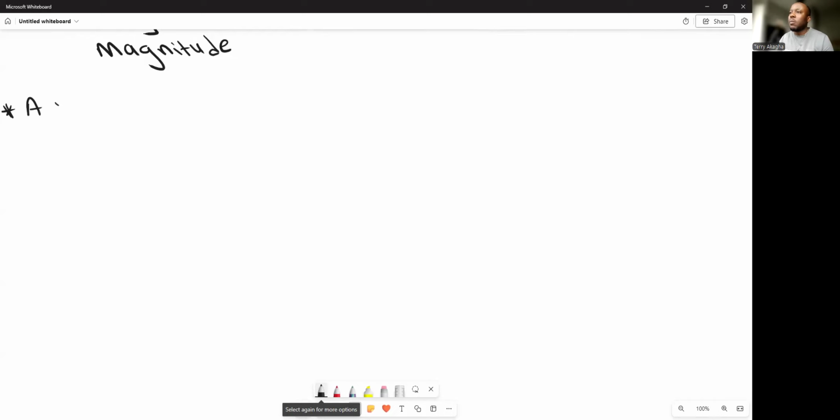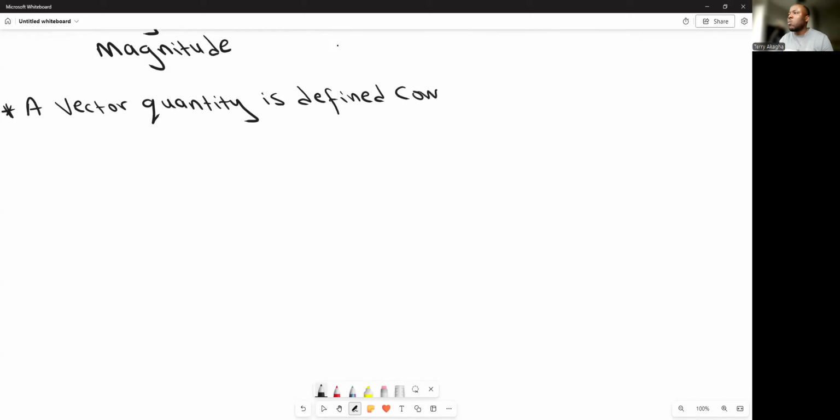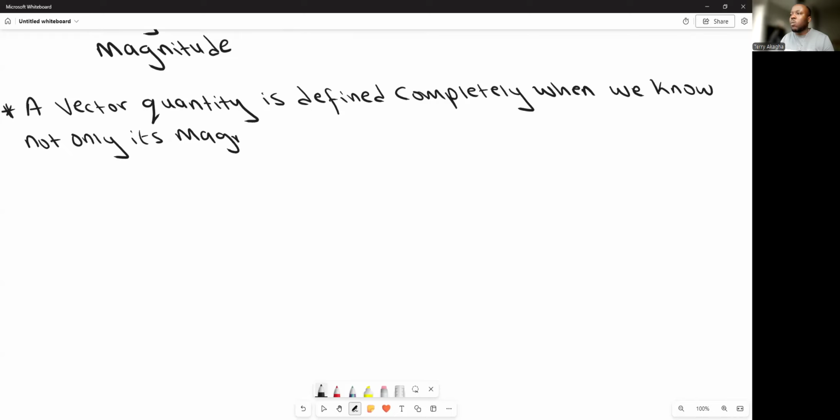So a vector quantity is defined completely when we know not only its magnitude, with appropriate units, so we already established that.